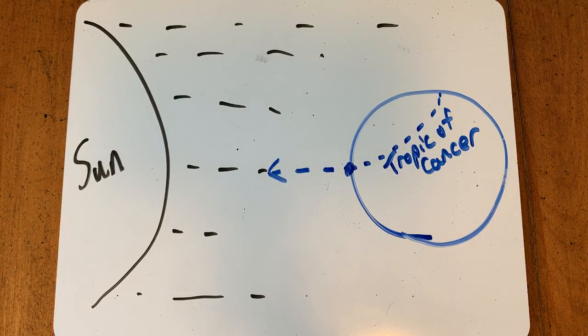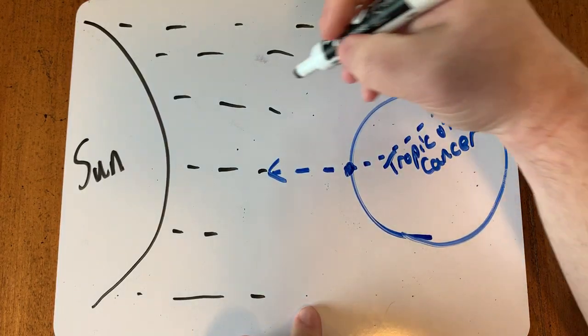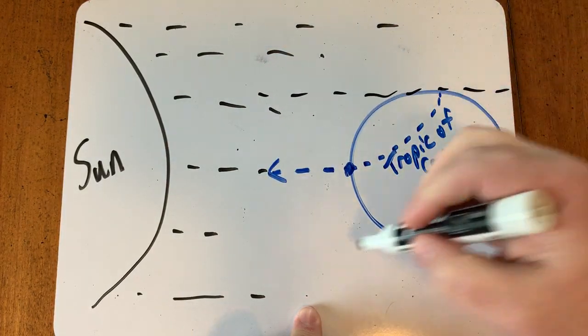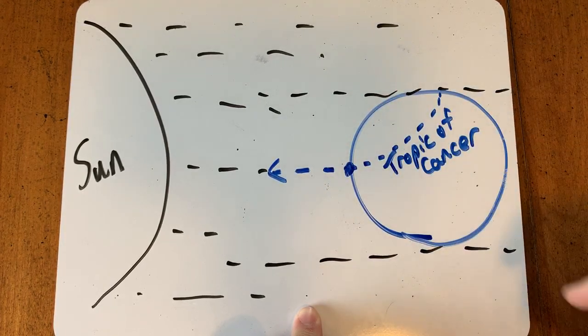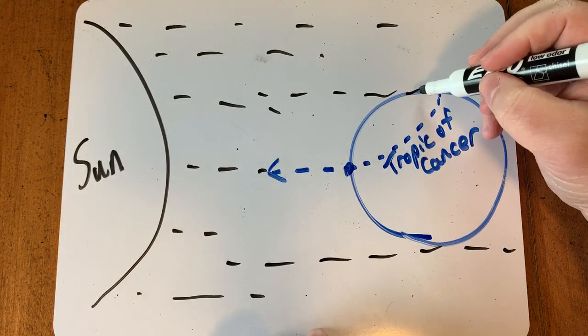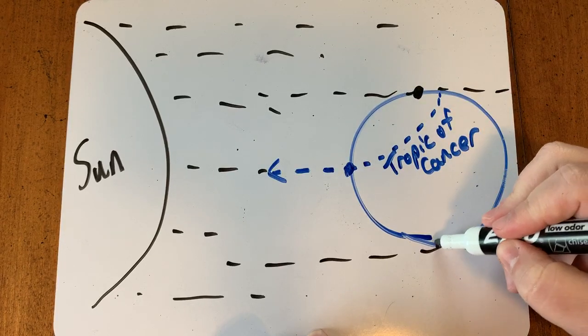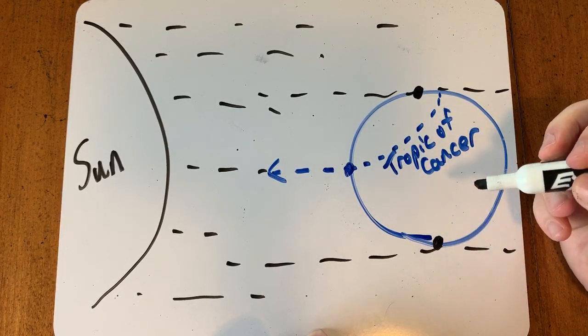And the sun's rays would be hitting all of this side of the circle. So it's tangent up there, and this ray is tangent down there.